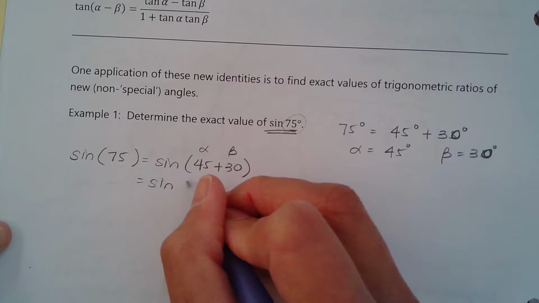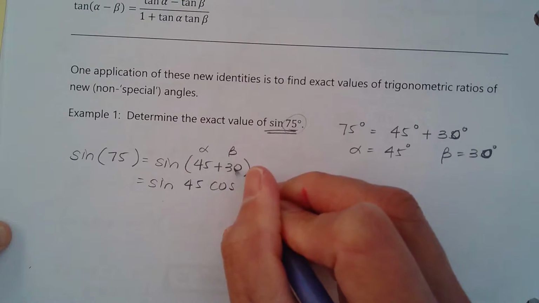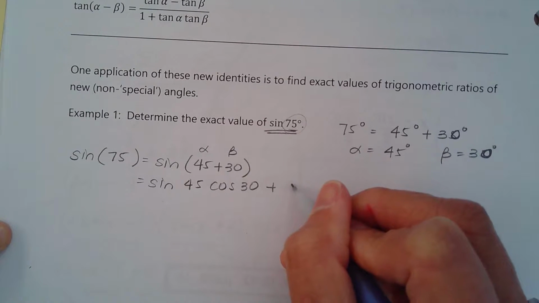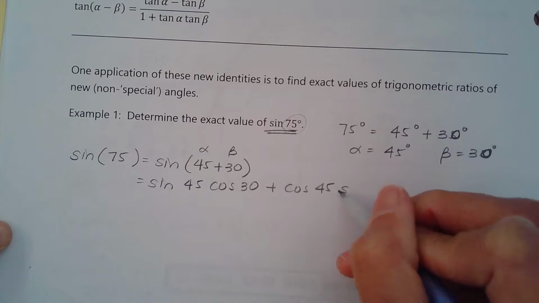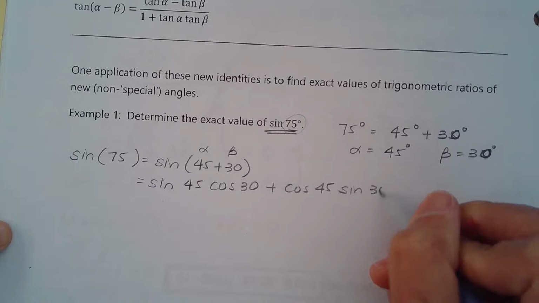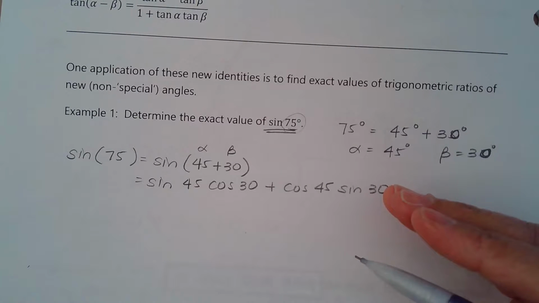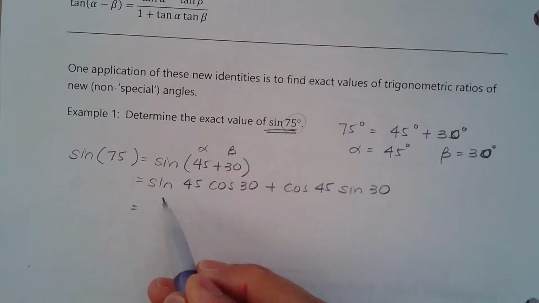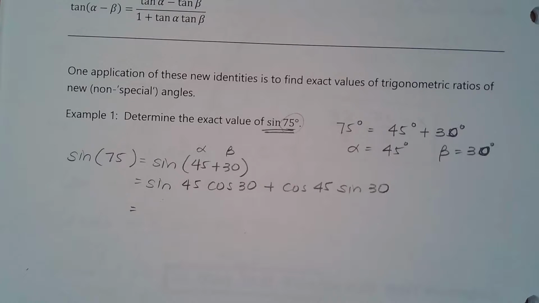Sine alpha, which is 45, times cos beta, which is 30, plus cos alpha, which is 45, times sine beta, which is 30. Okay, can you pick it up from here? Go ahead and pick it up from there and see what number you're going to come up with.